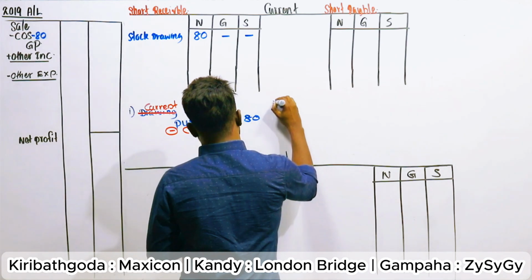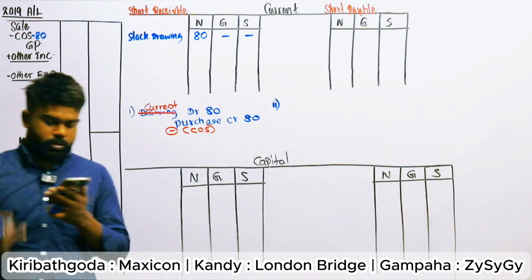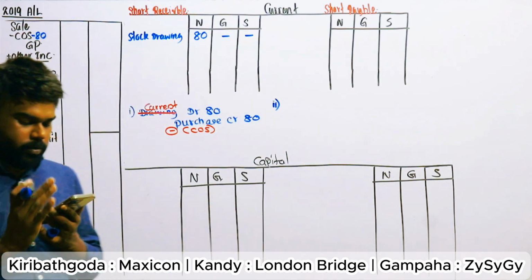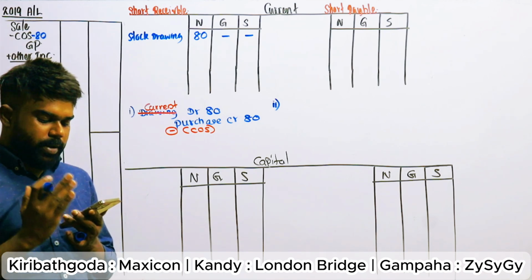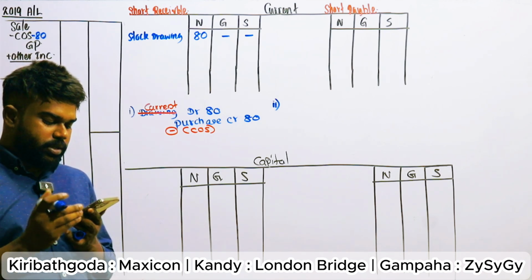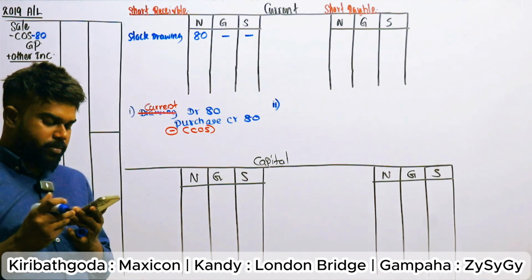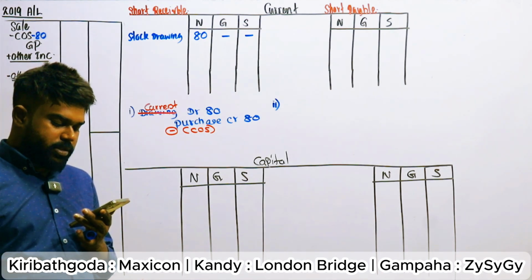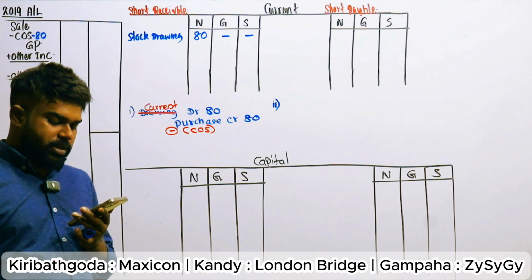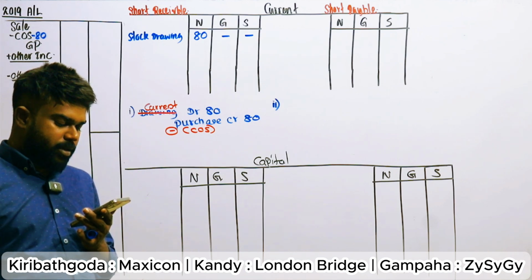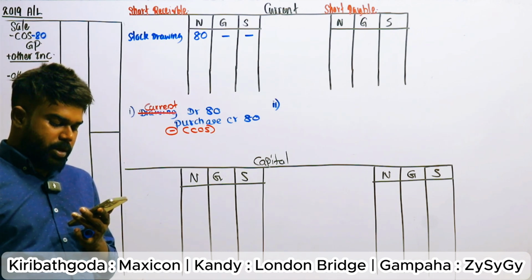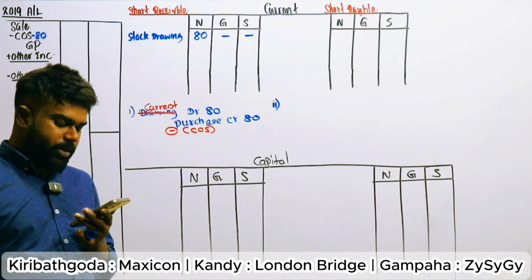Row number 2. Goods costing 400,000 which were purchased by Ganga during the year using his personal money have been given to the partnership. It was decided to consider the cost of these goods as capital contribution of Ganga to the business, but no entry has been made in this respect.